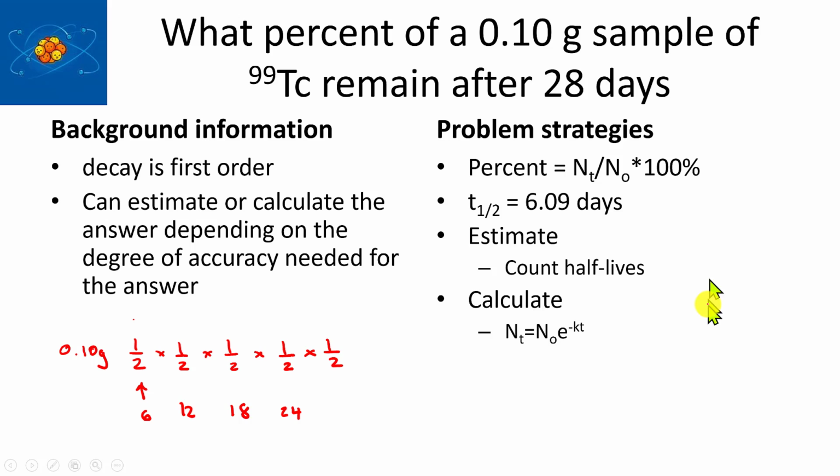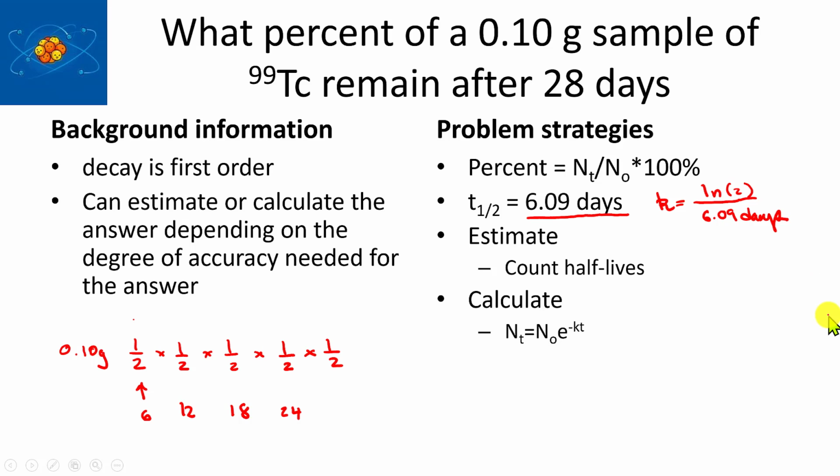So there's a couple of things to recognize. We have the half-life as 6.09 days, and we need to calculate a rate constant if we're going to use the equation. So that's going to be natural log of 2 divided by 6.09 days, and I'm just going to leave it like this, okay?